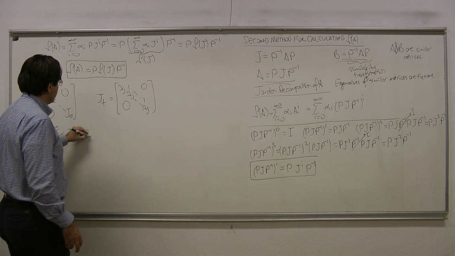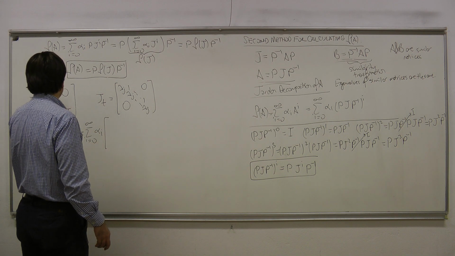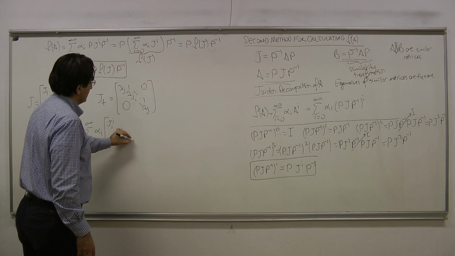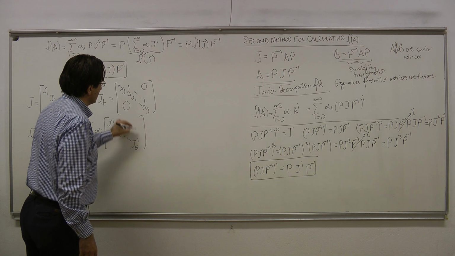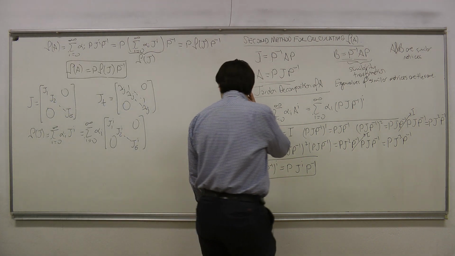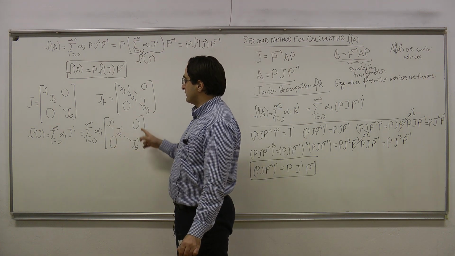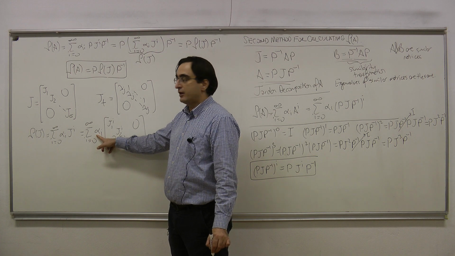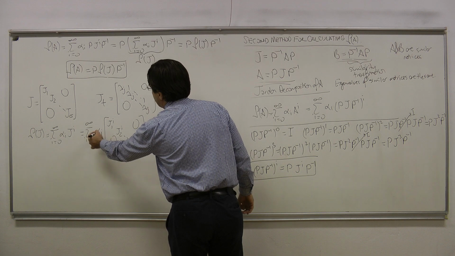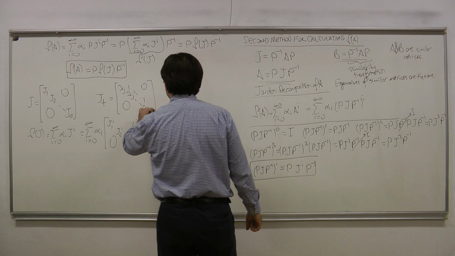So this is equal to the sum from i equals 0 to infinity of alpha_i, and J to the i is going to be in the following form: J1 to the i, J2 to the i, going until J sigma to the i. Sigma is the total number of Jordan blocks in the Jordan canonical form. Then this is a block diagonal matrix again, with scalar multiplication and summation. Now I'm going to take the scalar multiplication inside the matrix, and then the summation inside the matrix as well.